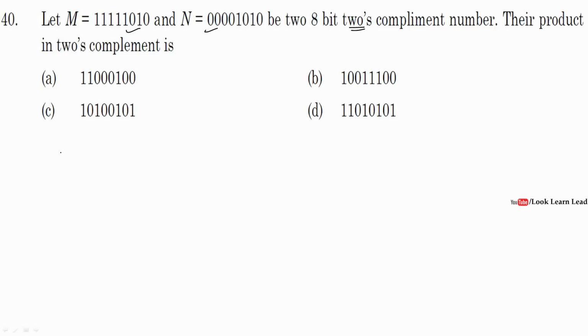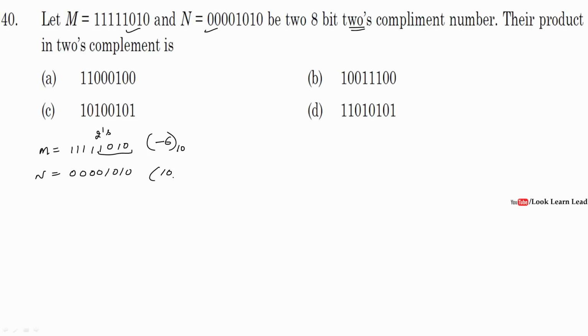So let's see. We have m equal to 1 1 1 1 1 0 1 0. This is m. So what is it? It is minus 6. Okay, this is a 2's complement number. So it would be minus 6, and n is equal to 0 0 0 0 1 0 1 0.